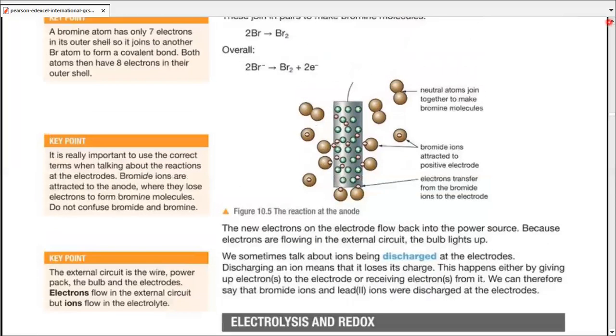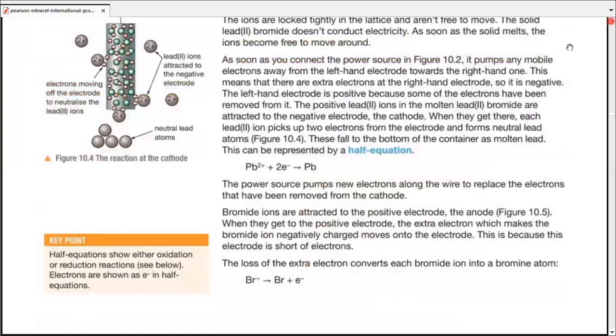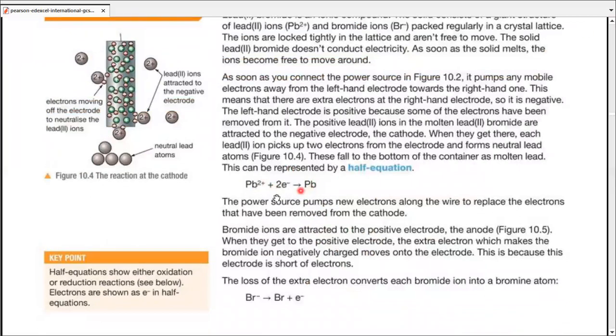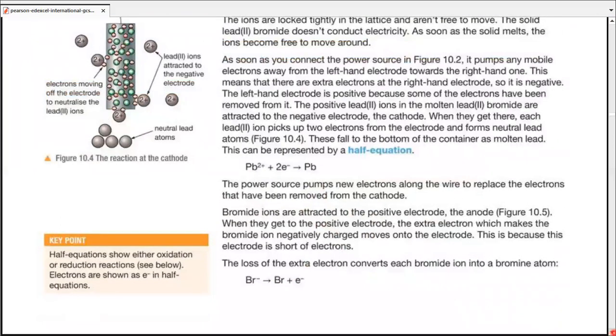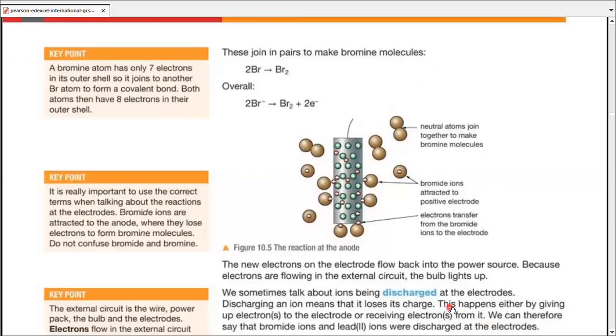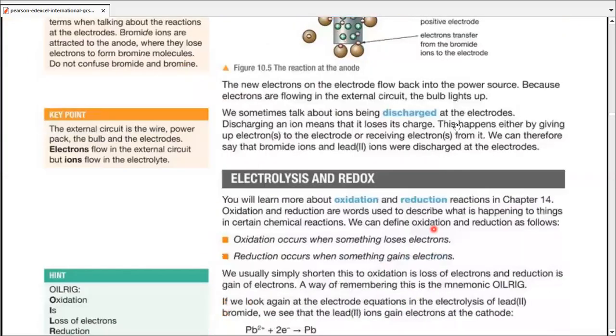If you go to the previous page, you would find that either at the cathode, the positive ion becomes neutral, or at the anode, negative ions become neutral. So we call it discharging. No ions remain in the ionic form. They are discharged to neutral particles.